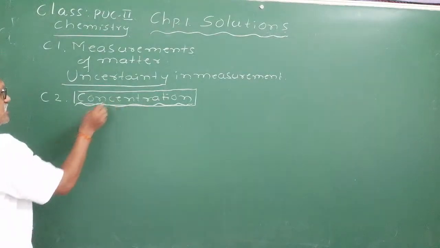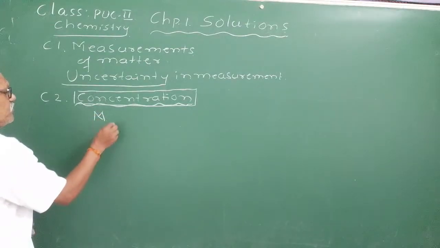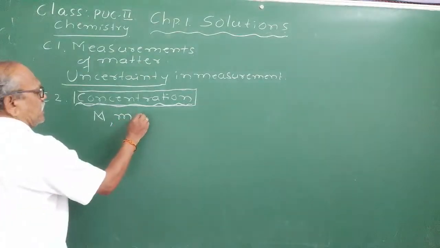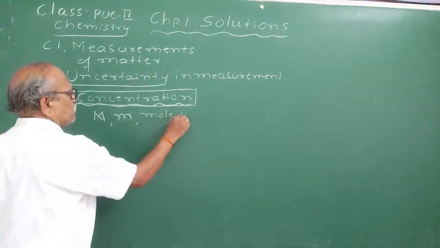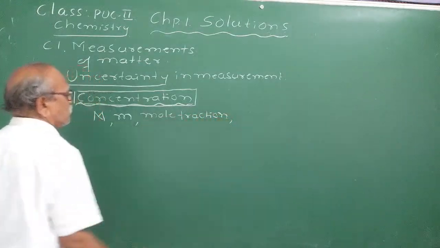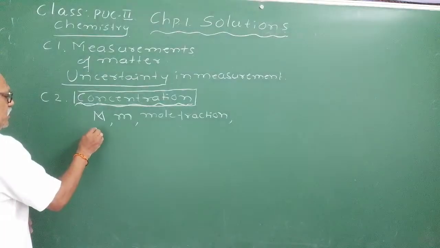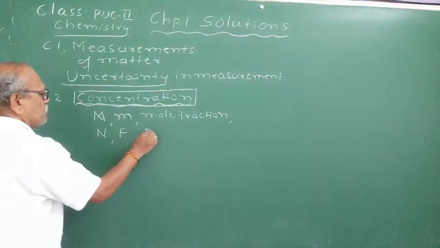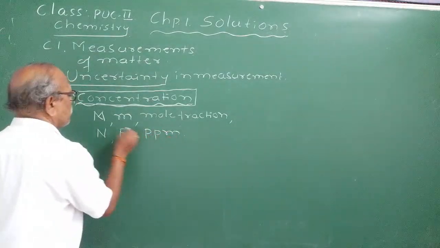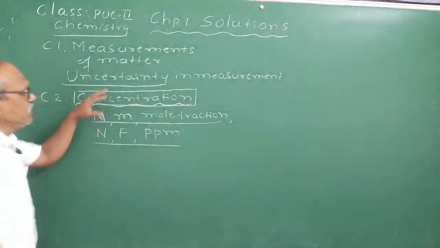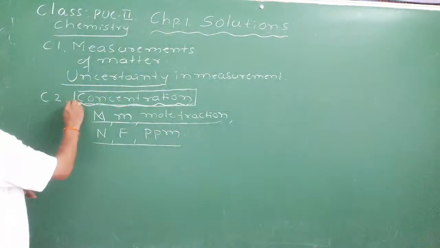There are some units of measurement like molarity, molality, and mole fraction, commonly used in the laboratory, as well as normality, formality, and parts per million. Some of these units are used to express the amount of the substance present in a given volume of the solution, which is called concentration.